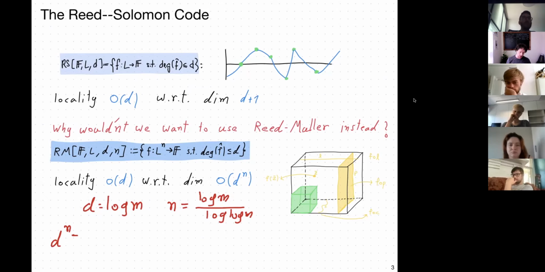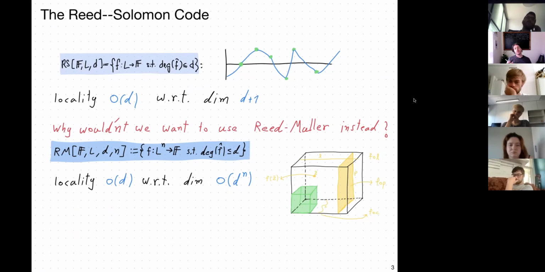You shouldn't worry about it too much. And by the way, just as an aside, the reason why I'm saying dimension is because if I'm looking at the set of all low degree polynomials of degree at most D, then this would be the dimension of the induced subspace. But anyway, that's an aside.